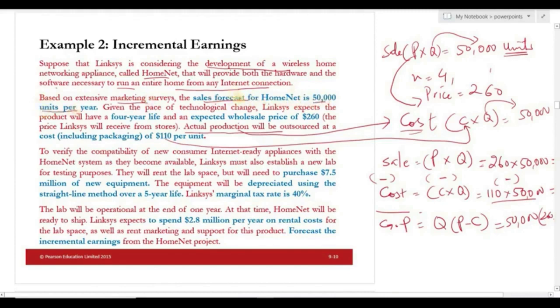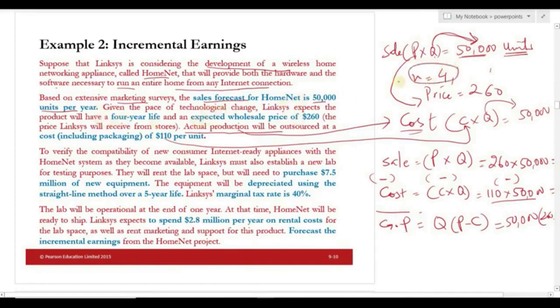Remember, this unit or sales information normally comes from the marketing department. Sales is equal to price times quantity, so this question first gives you the information of quantity: 50,000 units.